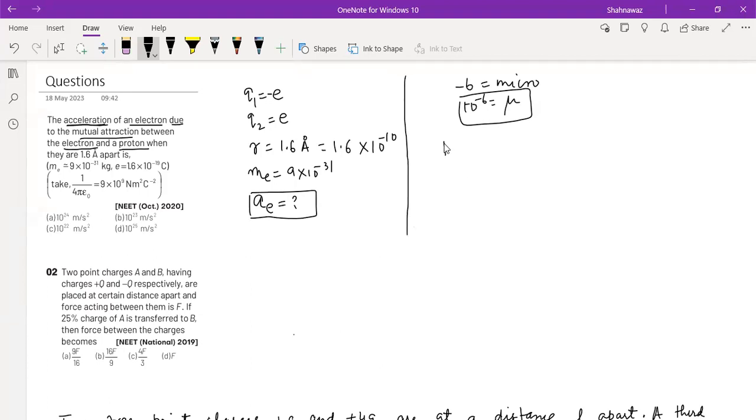Coulomb's law says force is K e times e by R square. We are only talking about the magnitude, so I neglected the negative sign.